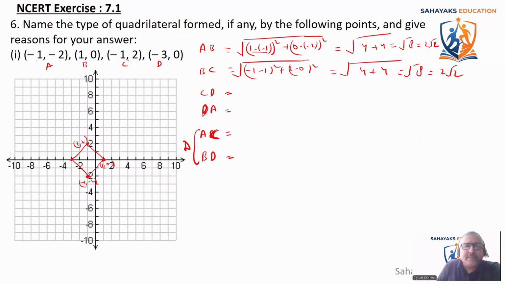Then we have to find CD. It is square root of (-3 minus -1) whole square plus (0 minus 2) whole square. This comes out to be minus 3 plus 1, which is minus 2. 2 square is 4, and this is also 4. So it comes out to be square root of 8.